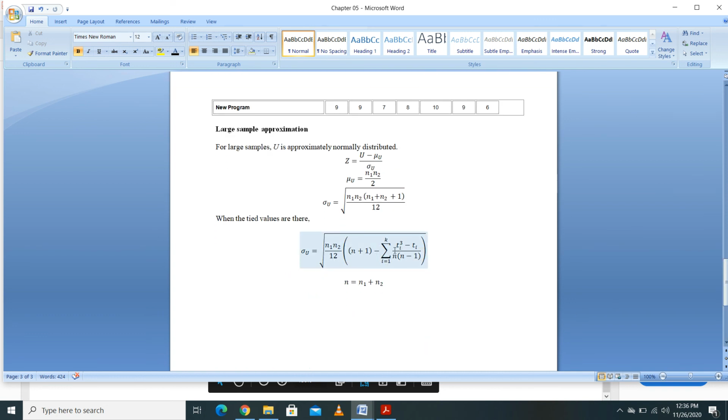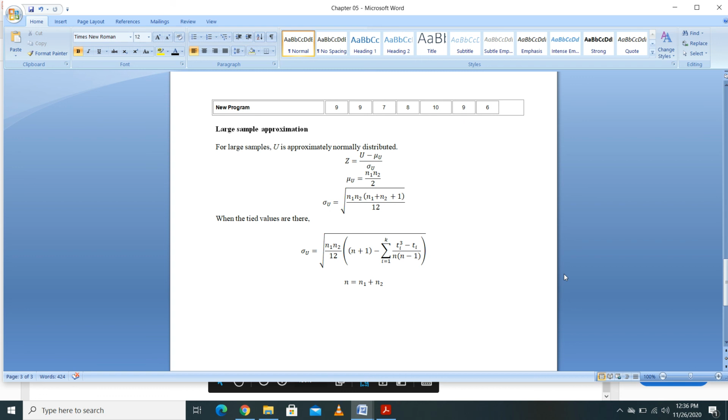You can calculate the t values and do a small adjustment for the standard deviation when you have tied values. And with the use of these equations, you can apply the large sample approximation when you have a sample which exceeds 20 observations with the Mann-Whitney test. So you can just give a try for these examples.